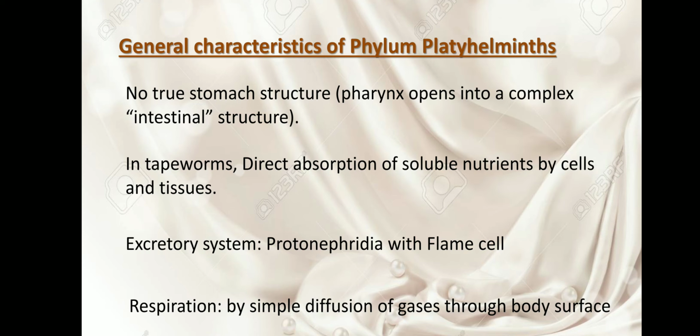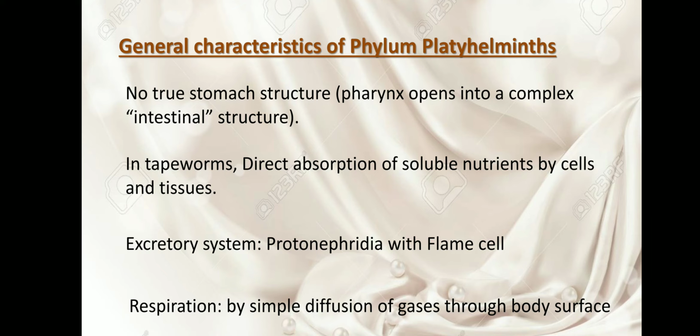The stomach is also not a true stomach, and the pharynx opens into a complex intestinal structure, again a feature related to being a parasite. In tapeworm there is direct absorption of soluble nutrients by cells and tissues.